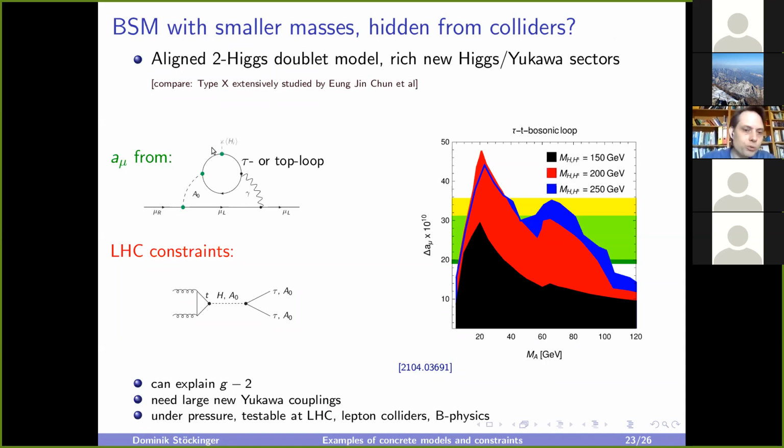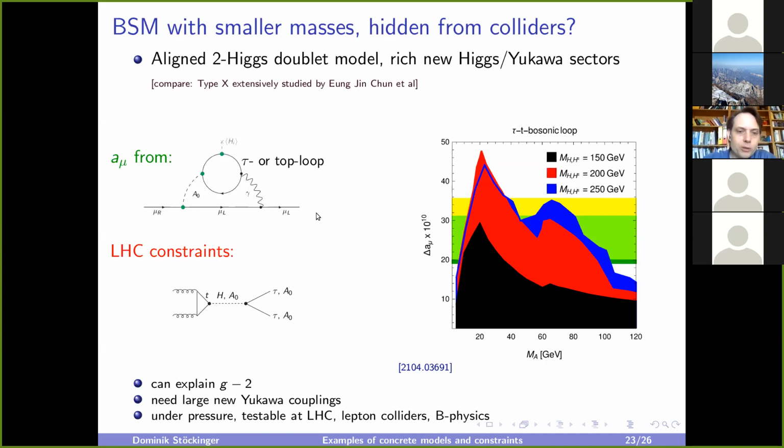The G-2 value can be explained by those bar Z diagrams again, where the muon exchanges a Higgs, the Higgs couples to a loop, either a tau loop or a top loop in this case, and then we get particular values for G-2.